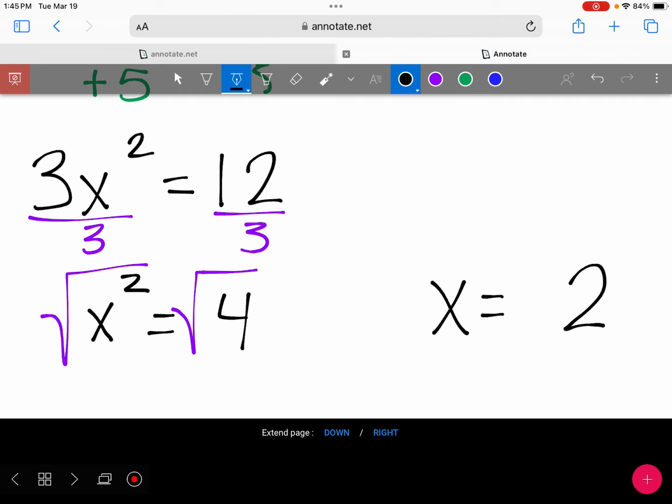Is there another option? Yeah. What else, when squared, is 4? What else? 16. That would be 4 squared. So what else, when squared, when times by itself, gives us a positive 4? 2.